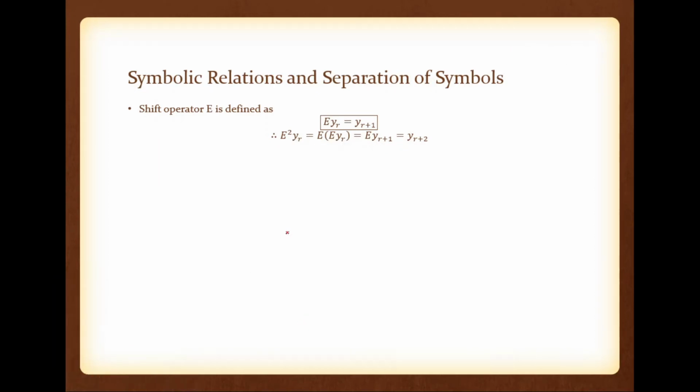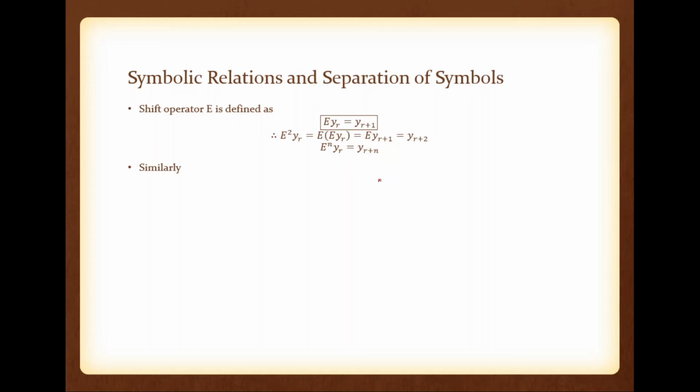Okay. So what about E raised to n Yr? E raised to n Yr means nth next data of Yr, that is Yr plus n. E raised to n Yr is equal to Yr plus n.